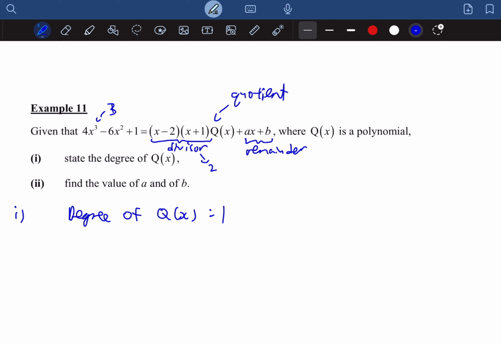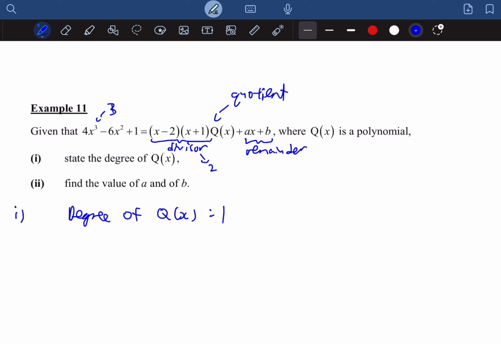Then here, students, we have an issue. We are asked to find a and b, which is our concern. The question didn't ask us to find x. The question didn't ask us to find q. So because q is not needed, our job is to remove q so that we have fewer unknowns to bother about, because if there are more unknowns, it is more difficult.